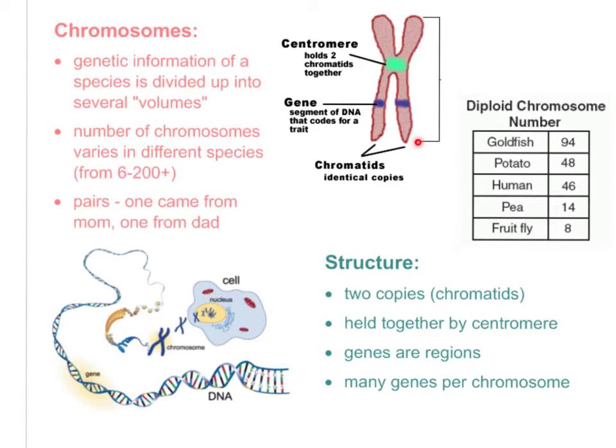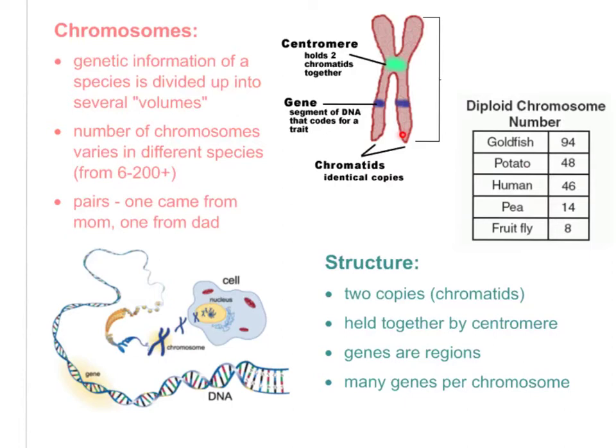Also something to note, the number of chromosomes varies a great deal in different species. It can be anywhere from 6 to over 200 different chromosomes. When we talk about human chromosomes, we have 46 of the diploid chromosomes. This is diploid. It's the duplicated chromosome with the two sister chromatids.